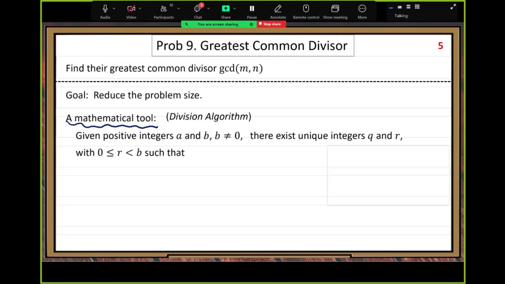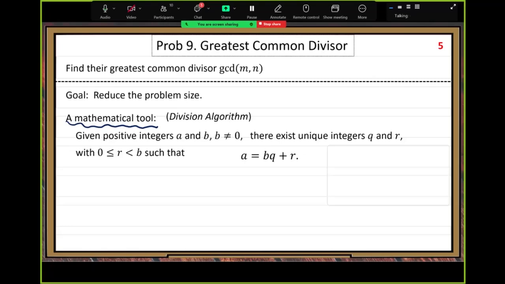So we can assume the remainder must be strictly less than the divisor, such that a equals bq plus r. B, the divisor, times the quotient, plus the remainder. That's simple, right? That's our basic understanding from elementary school.